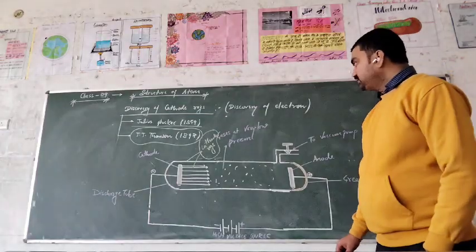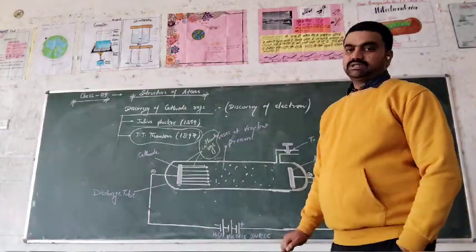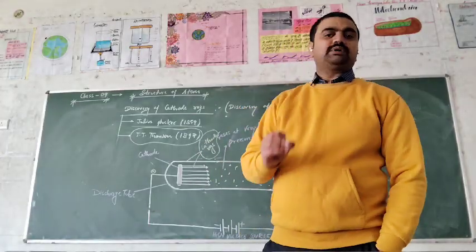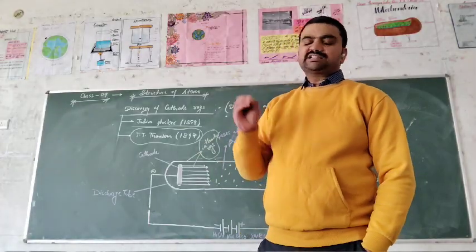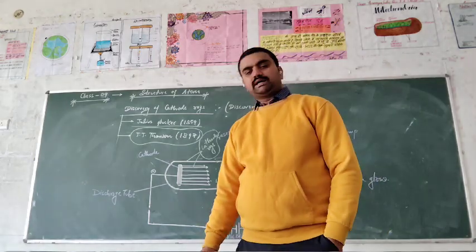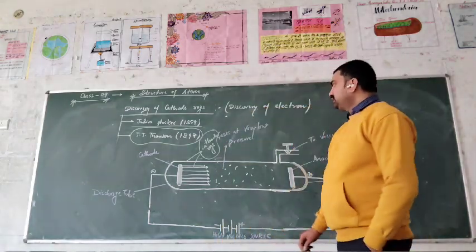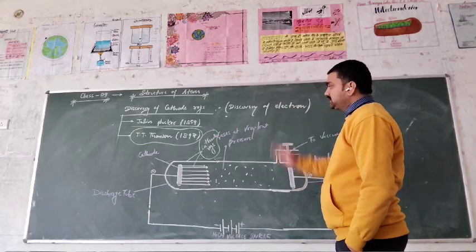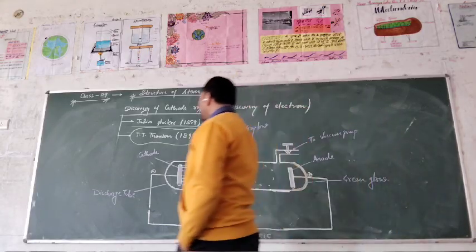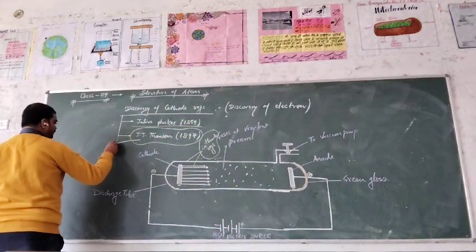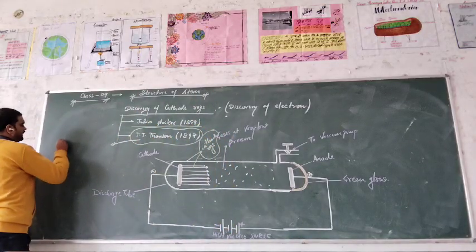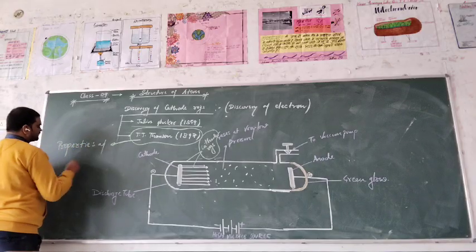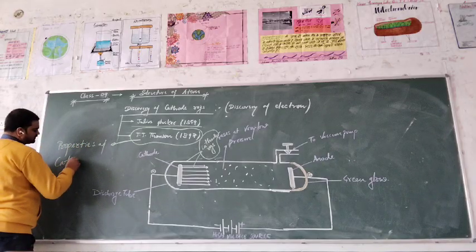And after that, the same experiment was repeated by J.J. Thomson, and he observed the same thing that was explained by Julius Plucker. And in this way, the discovery of cathode rays took place, and after that J.J. Thomson explained the properties of these cathode rays.